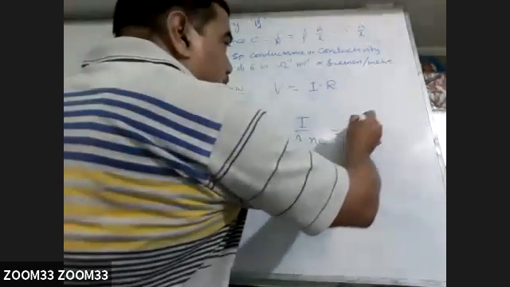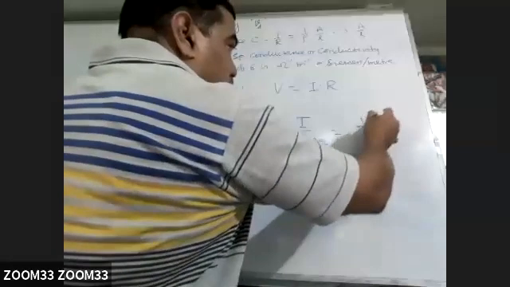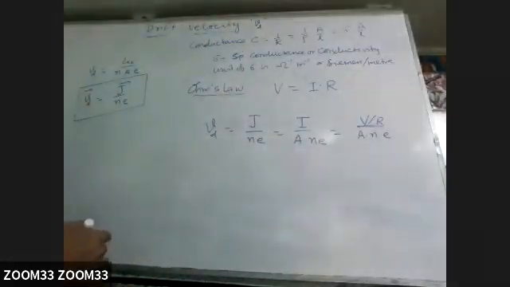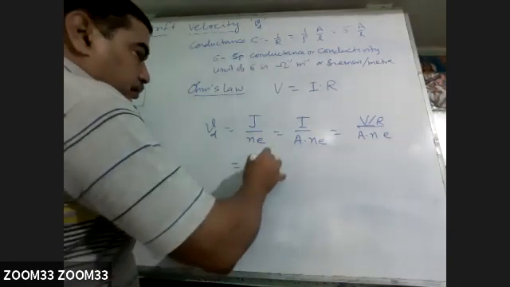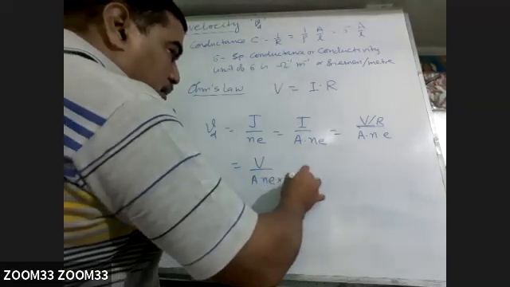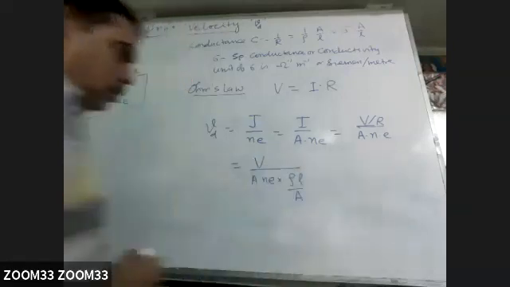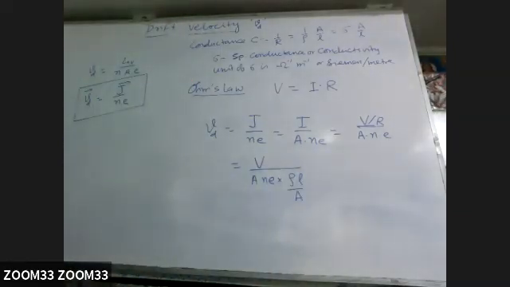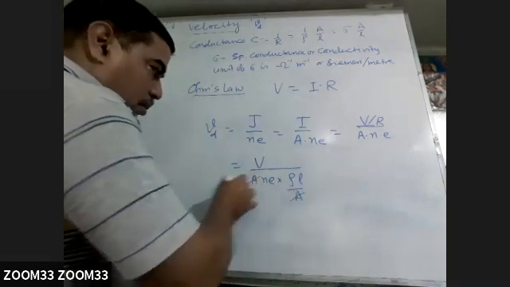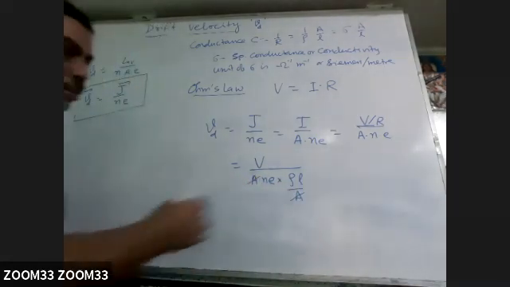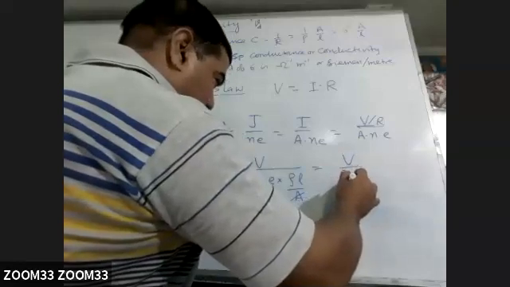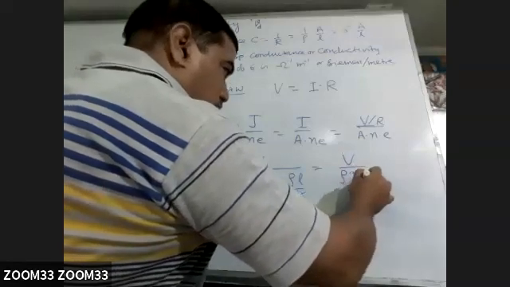In place of this I, we are writing V by R. So this is V by rho n e.